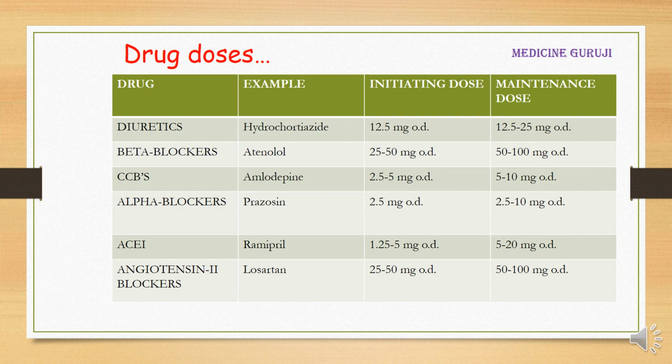ACE inhibitors, ramipril, 1.25 to 5 mg OD and maintenance is 5 to 20 mg OD. Angiotensin 2 receptor blockers, losartan, 25 to 50 milligrams OD and maintenance is 50 to 100 milligrams OD. This chart is very important for residents.